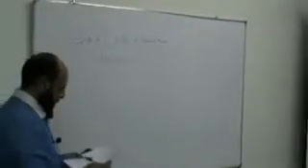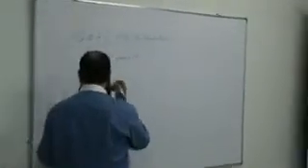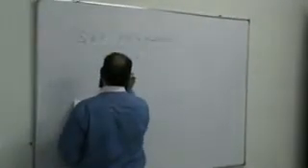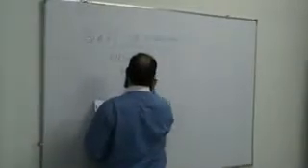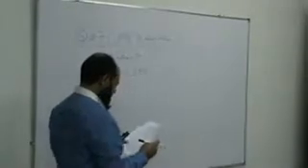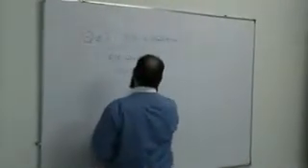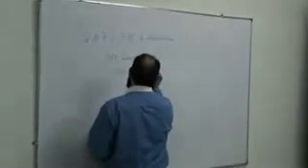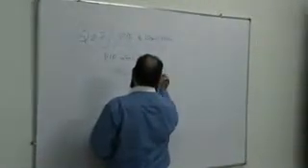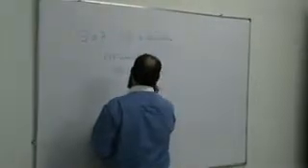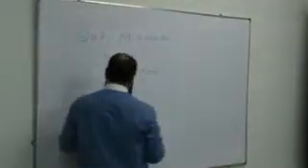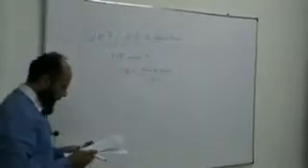So price earning ratio is equivalent to the price of share divided by earning per share, EPS. Now we need to find out earning per share first.